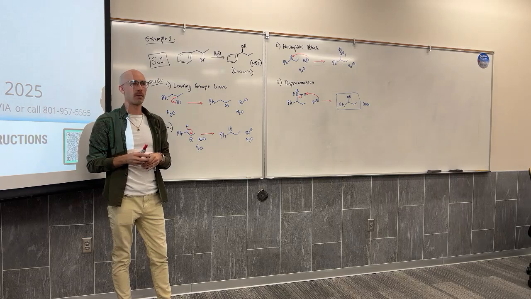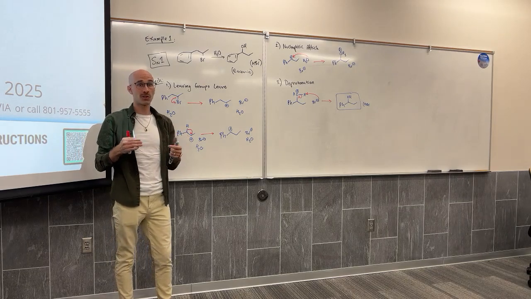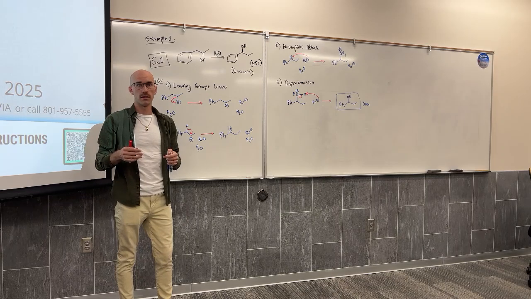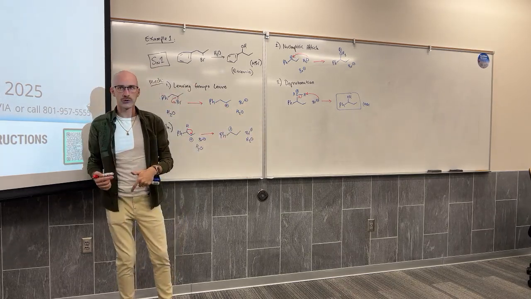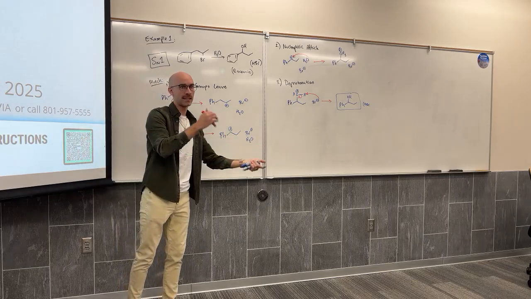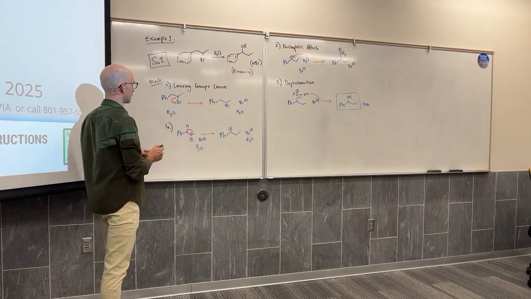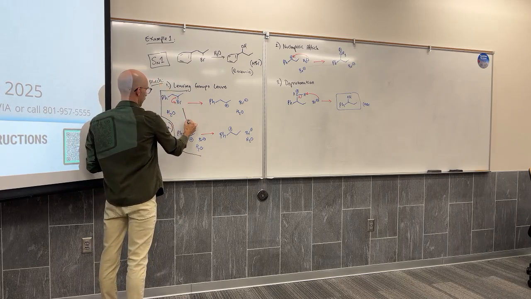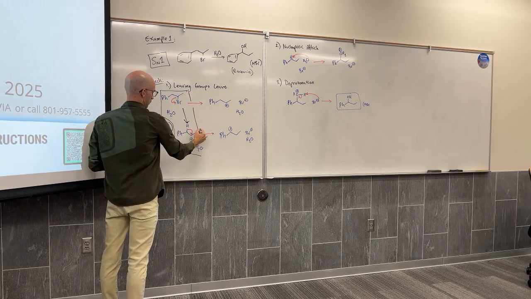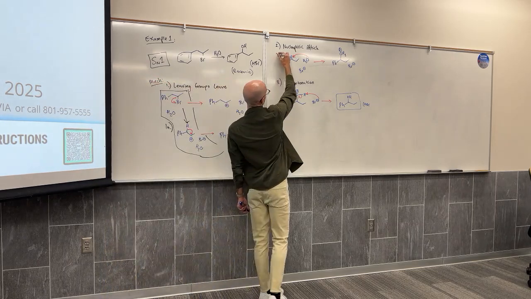I want you guys to remember that by doing your mechanisms this way, you're literally doing twice as much work, because every intermediate you draw, you are redrawing to show it reacting in the next step. If you don't like this, you can show your mechanisms more like this. And then I'm going to have to come over here.